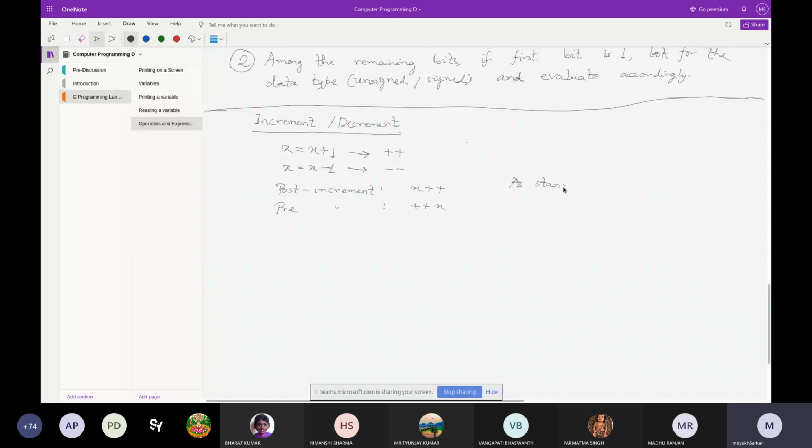As a standalone instruction, they are equivalent. That means, suppose I write int x is equal to say 12. If you do x plus plus, you will get 13. If you do plus plus x, you will get 13 as well, because they are standalone instructions. But their behavior will be different when you use them in an expression.